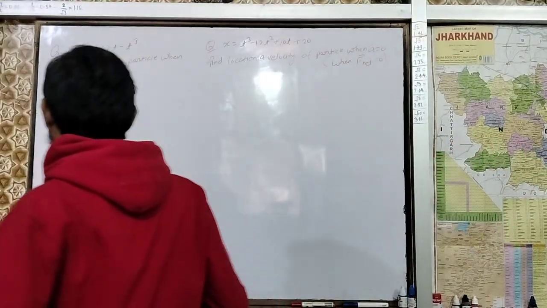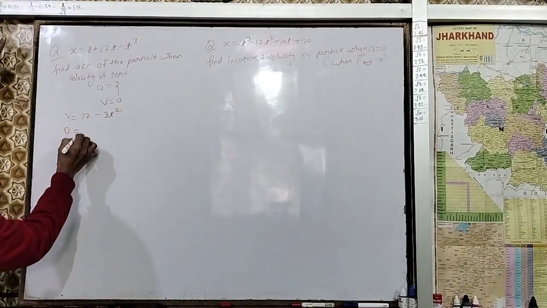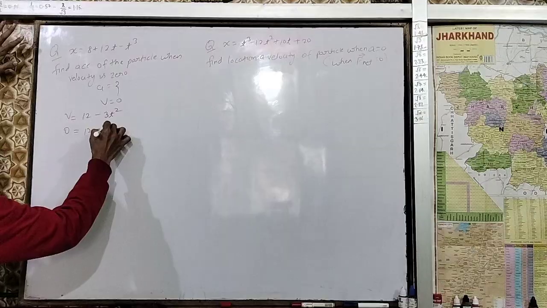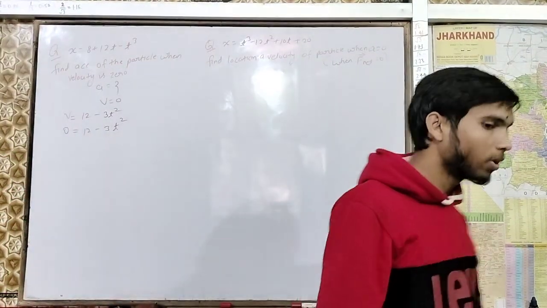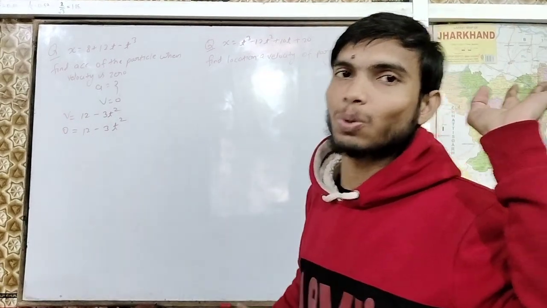V is given, which is 0. So we will put the value of V as 0 in this equation. Then we will get the value of t. From the value of t, we will understand at what time velocity is becoming 0.